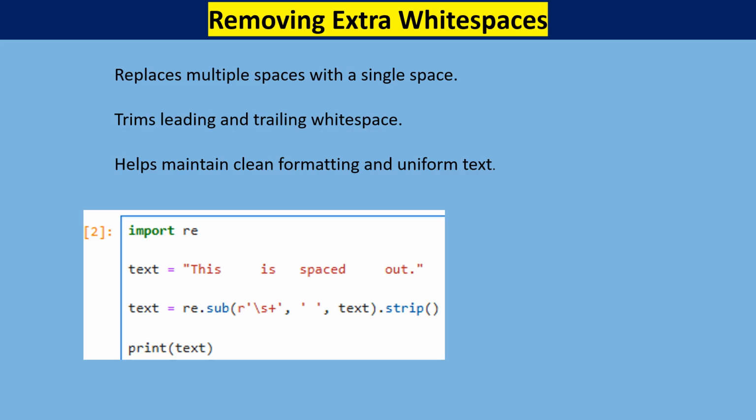Removing extra white space, replacing multiple white spaces with a single space. Irregular white space often comes from user-generated content, web scraping, and merging text fields. Multiple spaces cause issues during tokenization or comparison.